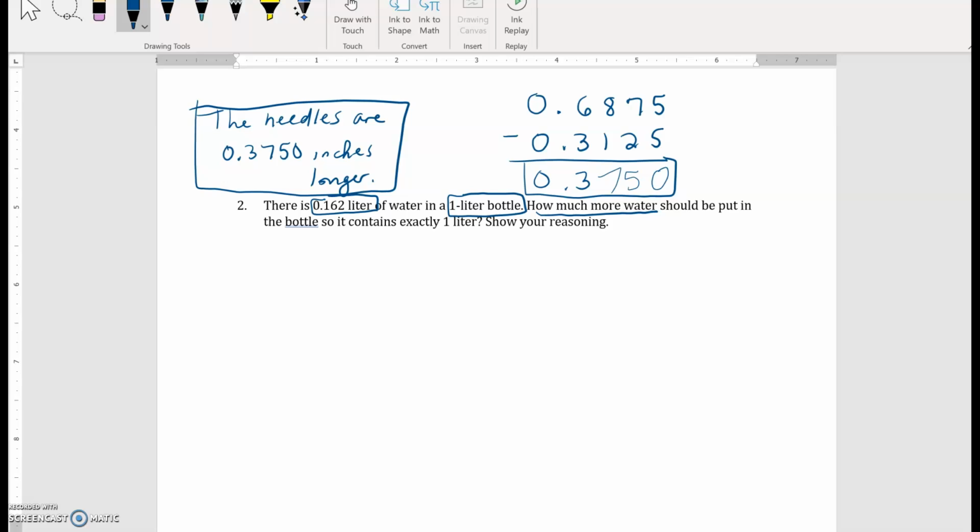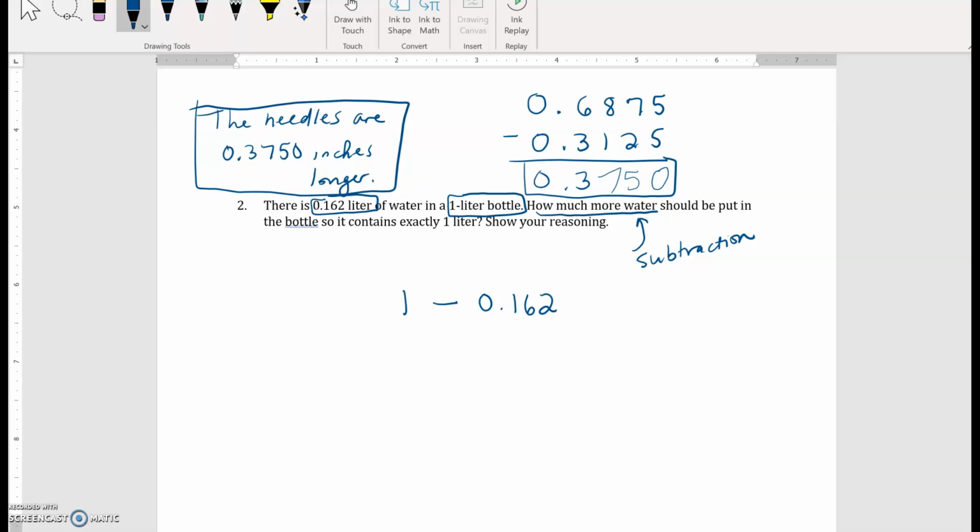Show your reasoning. So again, I want to think about what operation should I choose here. And I see that if I want to compare two sizes for water and see how much more one number is than another, I'm going to use subtraction to find the difference. So my math problem is going to be 1 liter minus what's in the bottle already, 162 thousandths.